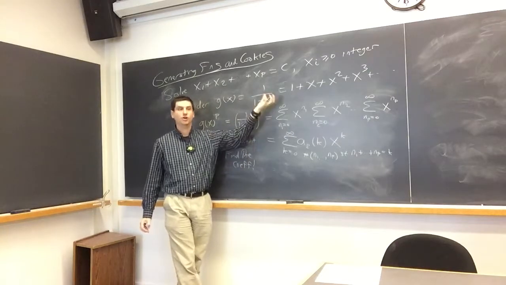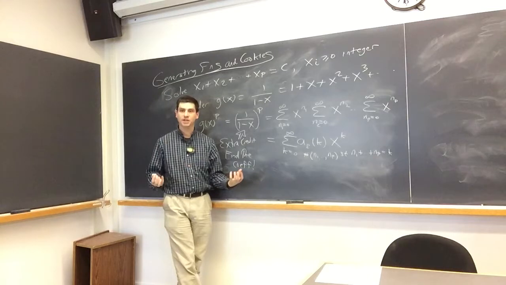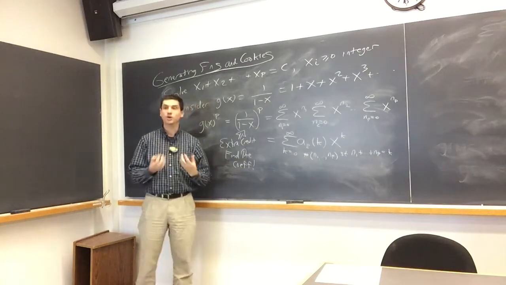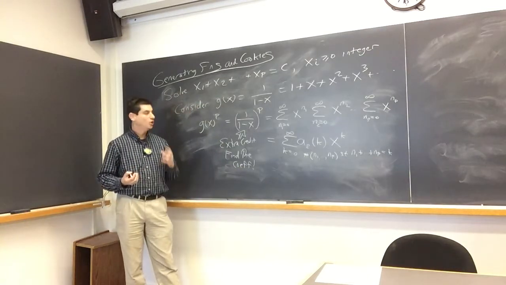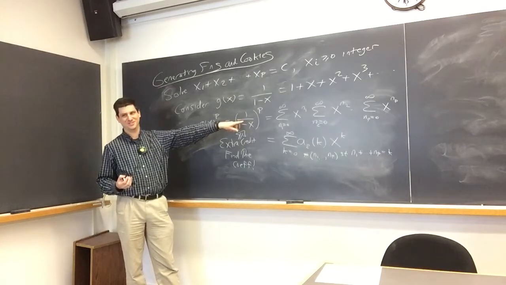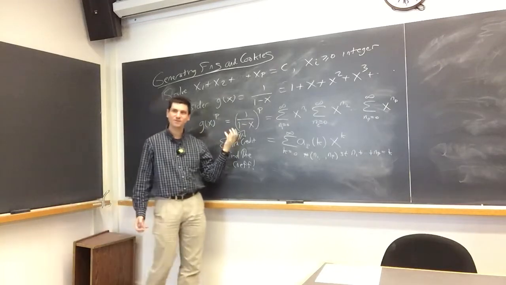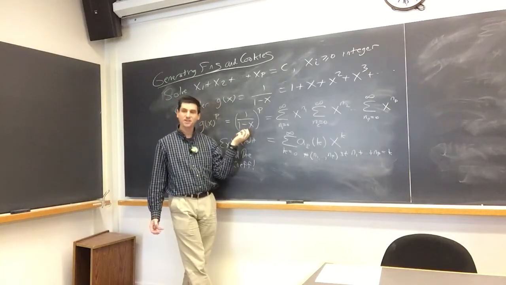This is a way to solve the cookie problem. This is something we've seen before, where we no longer have to be clever in terms of seeing that there's a binomial combination going on. Where do we need to be clever? We have to somehow find the coefficients. So I'll leave that as an exercise to you to try to figure out for extra credit, how do you get the coefficient? Now you have a hint, right?